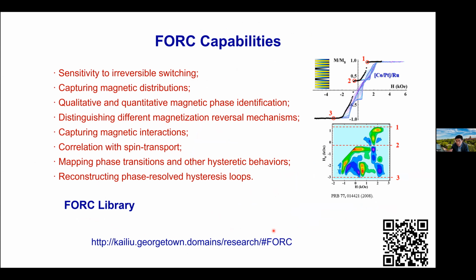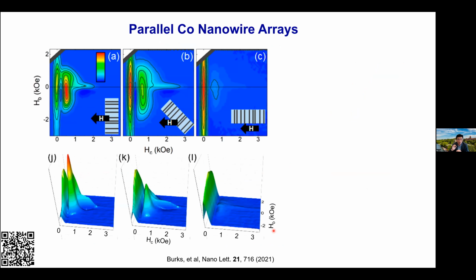So we've used this method to try to capture the magnetic fingerprint of the nanowire networks. I will just point out a few main features without diving too deeply into the details. This is a reference of just parallel nanowires, not the intersecting case. And here we see two vertical ridges.